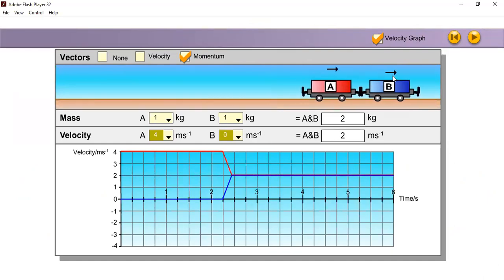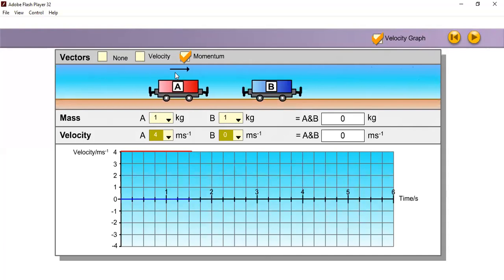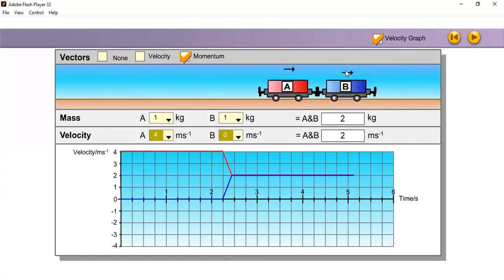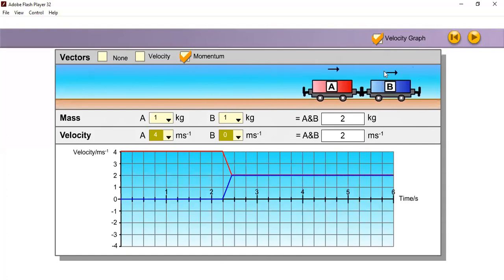Okay, the direction of the momentum. No matter what, the momentum is bigger before, and after collision it becomes smaller, and here zero becomes something.